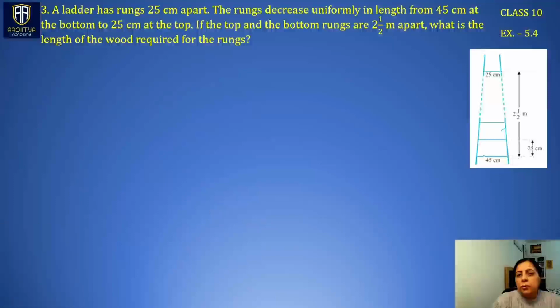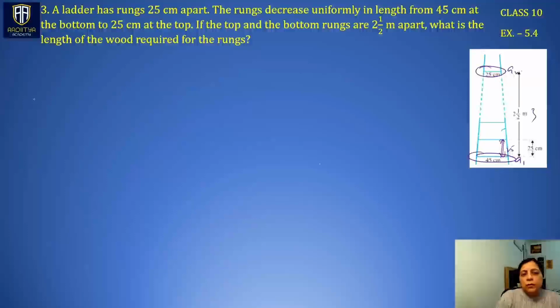This is the first rung, which is A1, and this is AN. First of all, the distance between AN and A1 is 2.5 meters. And the distance between consecutive rungs is 25 centimeter. That means two consecutive rungs are separated by 25 centimeter. So first we have to find the number of rungs, right?